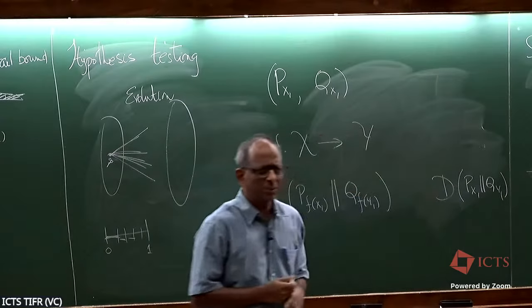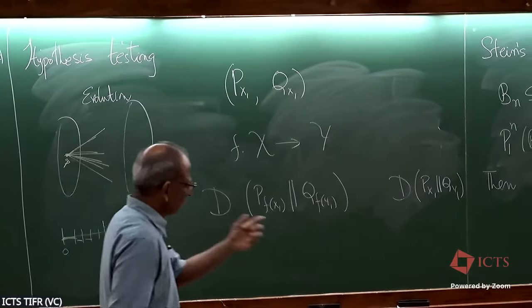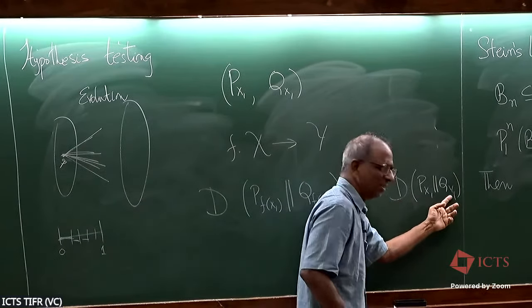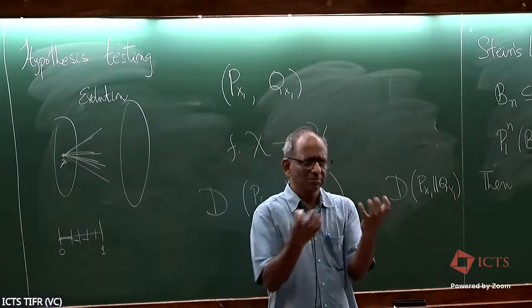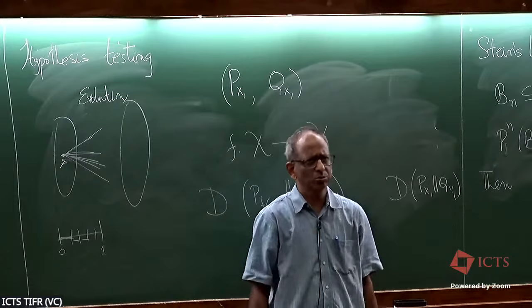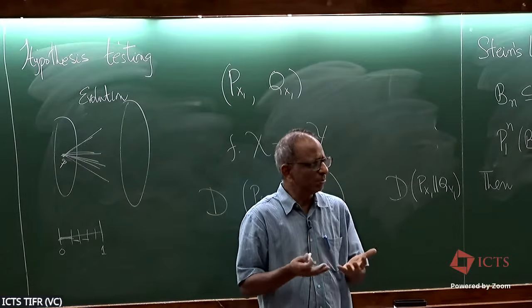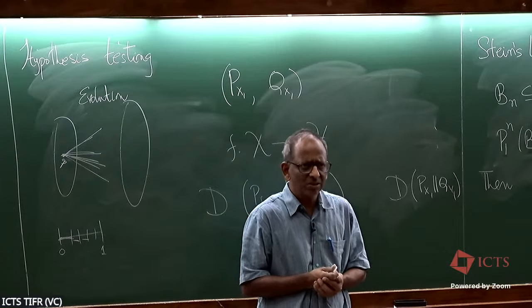What do you think happens? So x1 and y1 were some two random variables. They had some distributions, and now I applied a function to both of them. Do they become more distinguishable, less distinguishable?